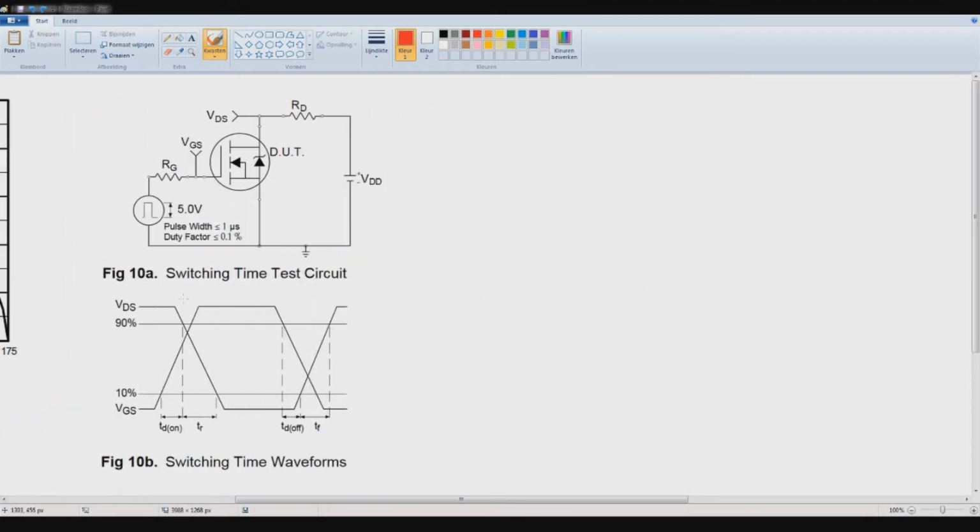So now figure 10. This is the switching time test circuit. This is a circuit where you can test your switching times. It's a very simple circuit. You simply add a waveform, in this case square wave, 5 volts, gate resistor, and then you add a probe, oscilloscope probe, at gate to source and drain to source.